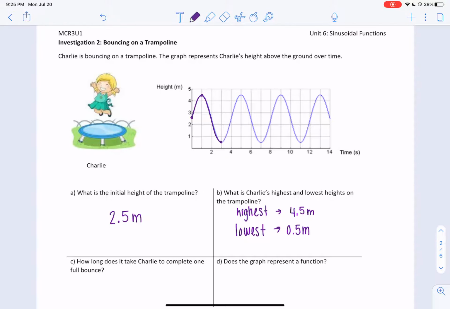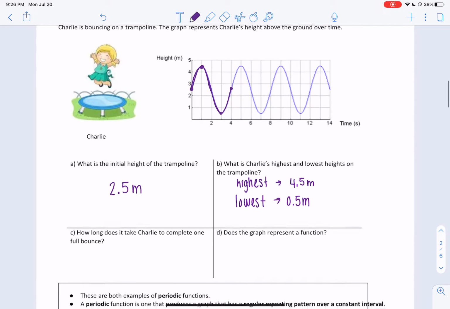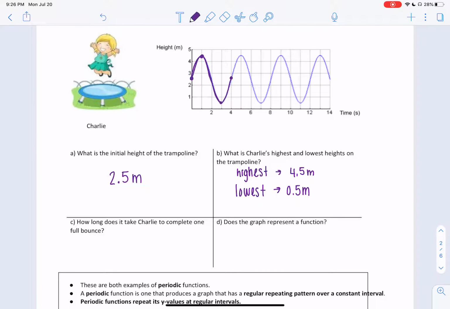Now, how long does it take her to complete one full bounce? How long does it take for her to go from her starting point, all the way up to her highest, then down and then back to where she started? That whole process of one bounce on the trampoline takes 4 seconds.